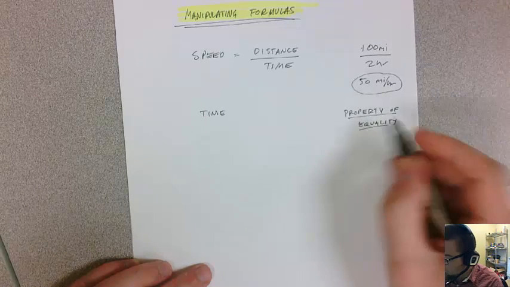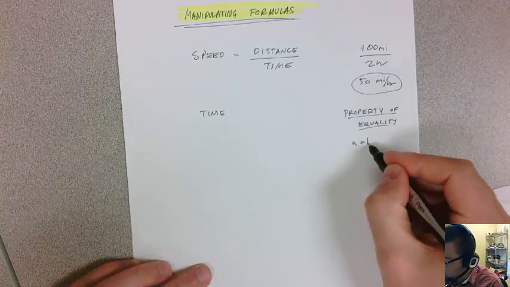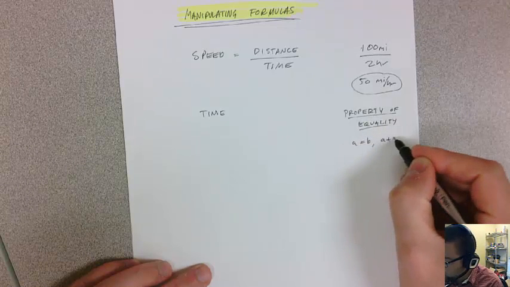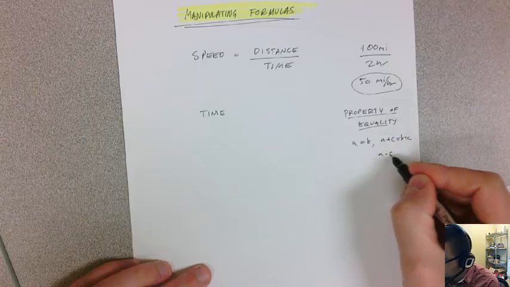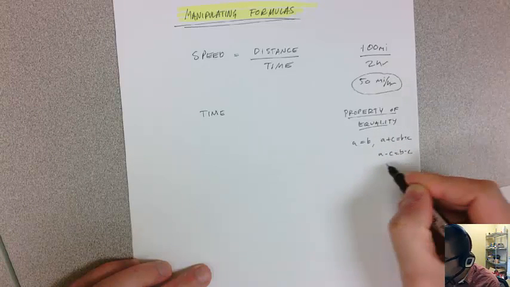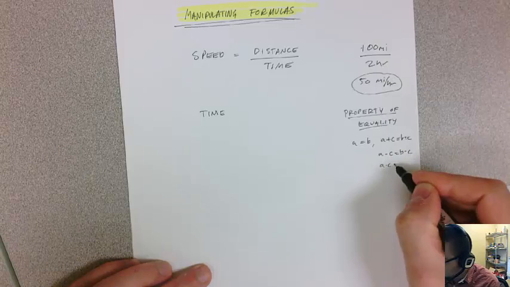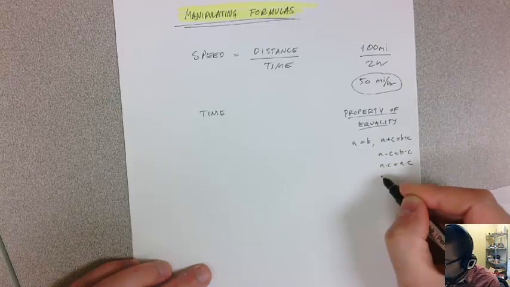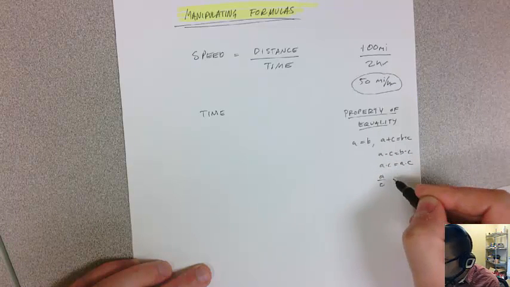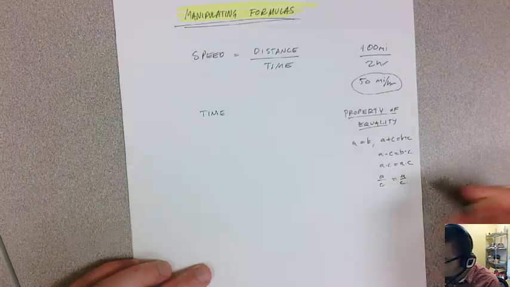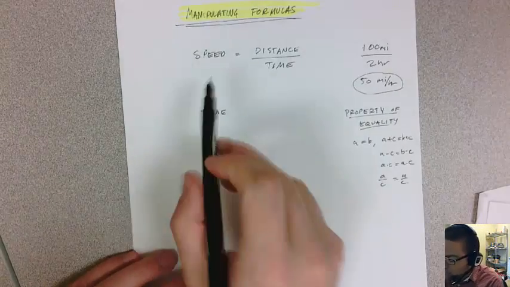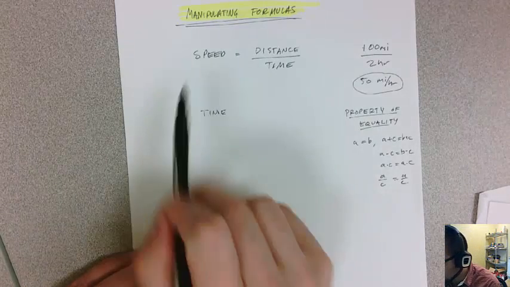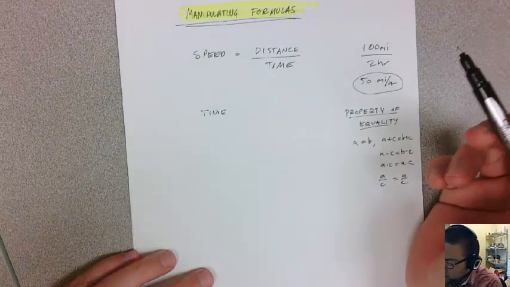Usually it's written like, if A is equal to B, then A plus C equals B plus C. So I add the same thing to both sides, or subtract the same thing from both sides, or multiply both sides by the same thing, or divide both sides by the same thing. These are the different properties of equality. So let's go ahead and do this one, and then we'll do some more complicated problems in a minute.